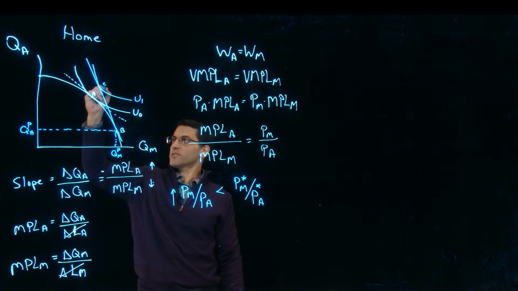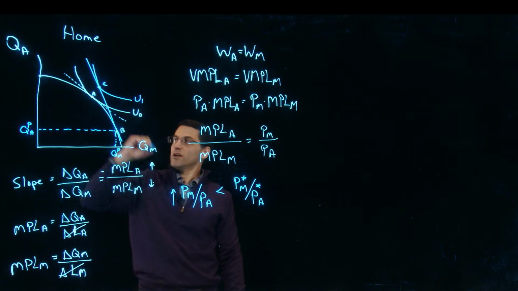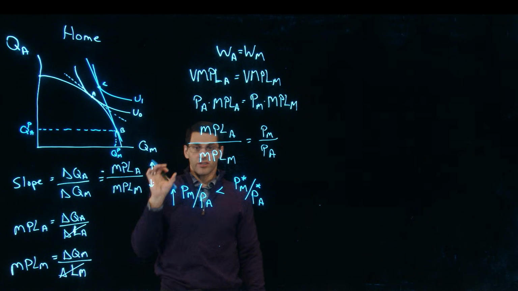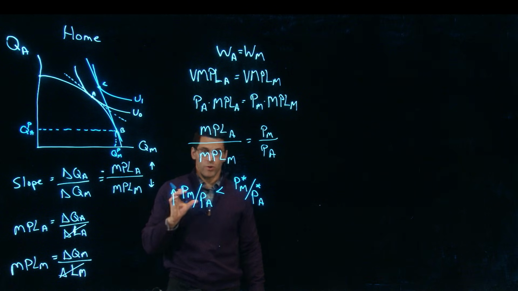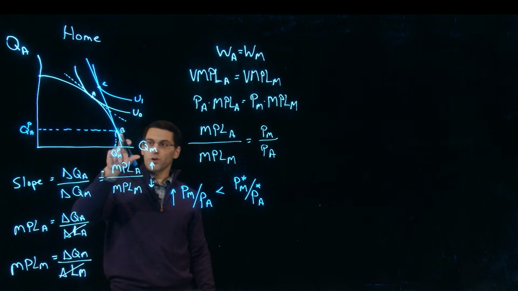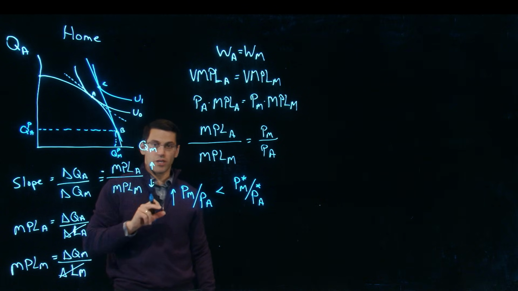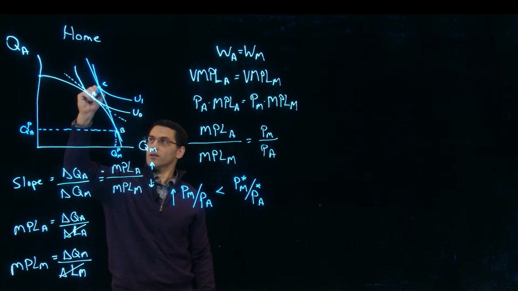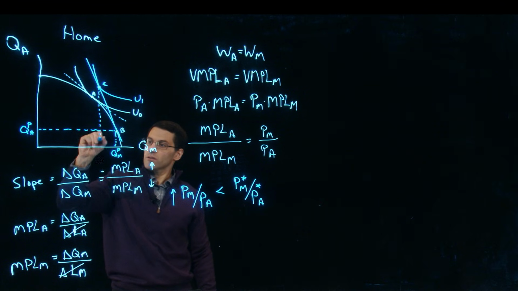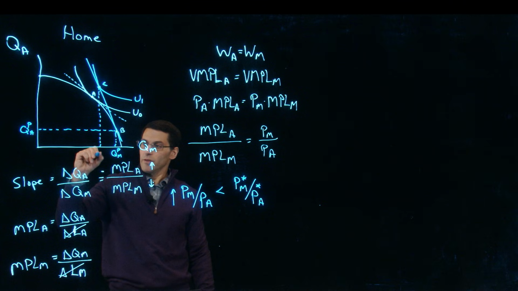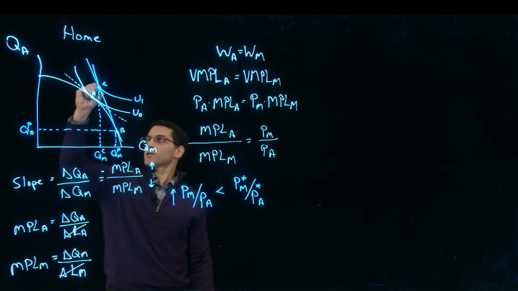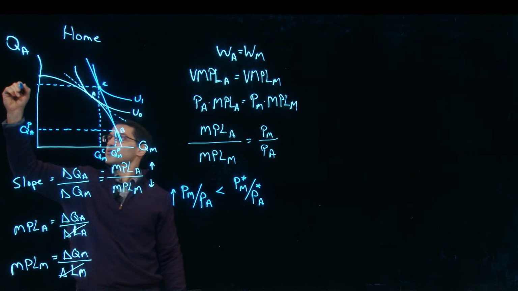We can label that point C. Okay. There's point C, and that is our consumption point with trade. So the home country is going to produce at B, but consume at C. So they end up consuming here and consuming agricultural goods up here.